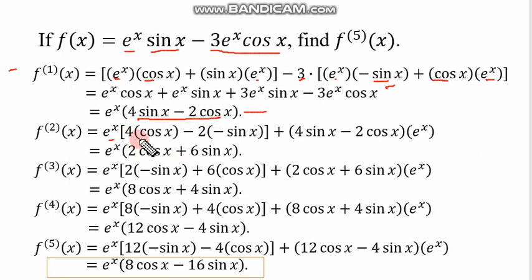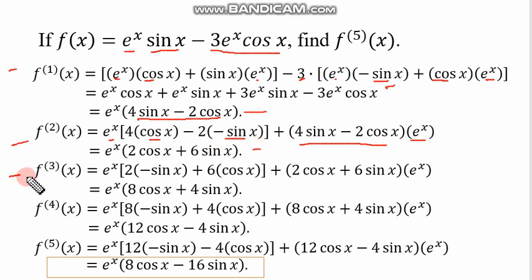So 4 times the derivative of sine x, cosine x, minus 2 times the derivative of cosine x, which is negative sine x, plus the second function 4 sine x minus 2 cosine x times the derivative of the first function e raised to the x, which is itself. So the answer for that is e raised to the x times the quantity of 2 cosine x plus 6 sine x. That's the second derivative.